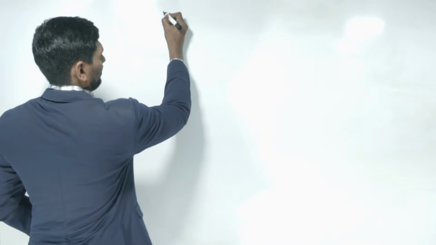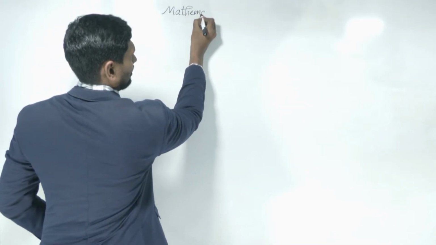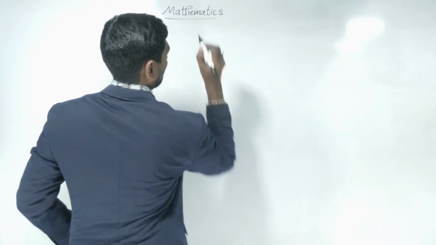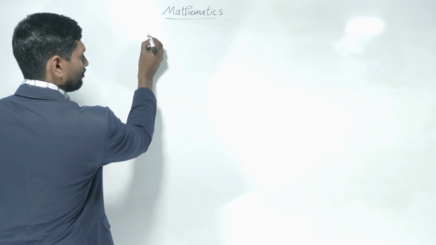So today I am going to start the class, number system. I think we already discussed the number system, right? We discussed natural numbers, whole numbers, integers, and we learned some formulas for finding the between numbers.